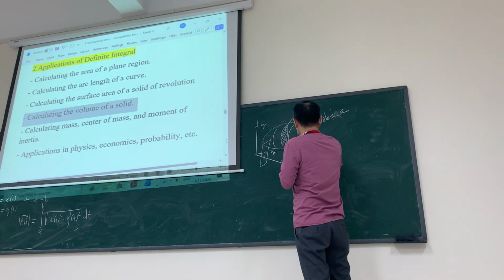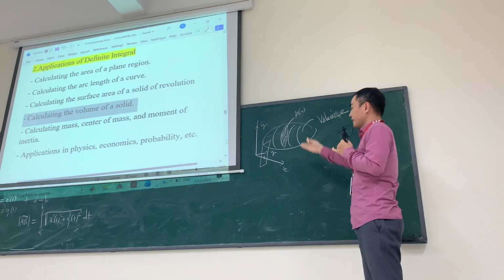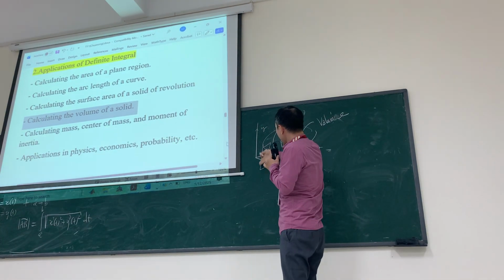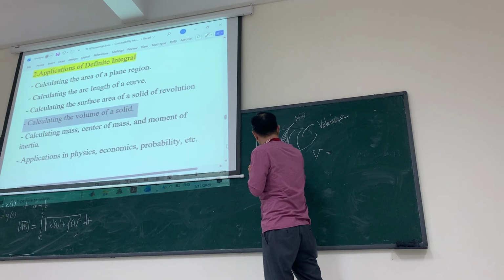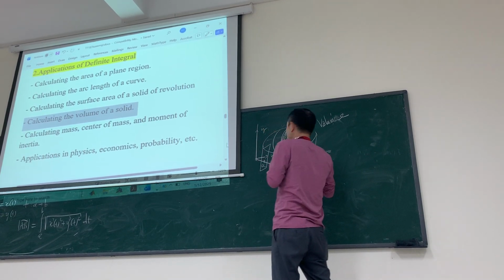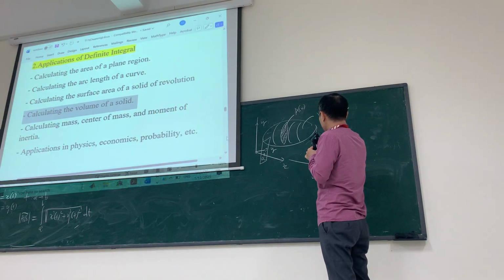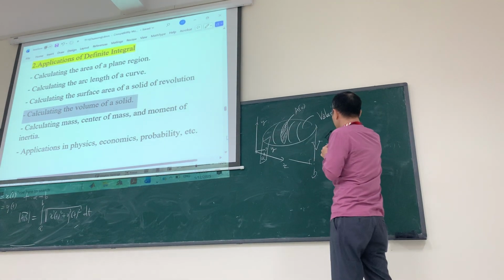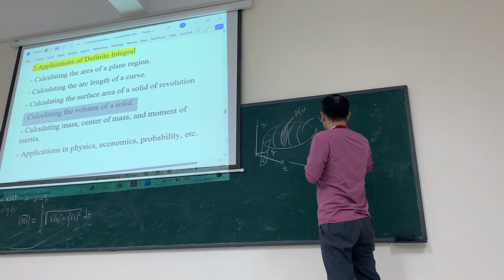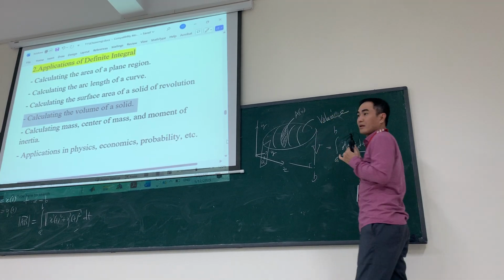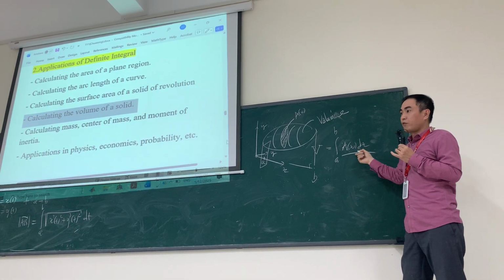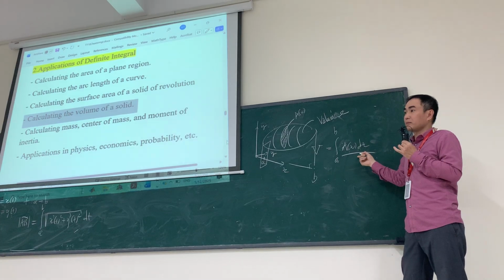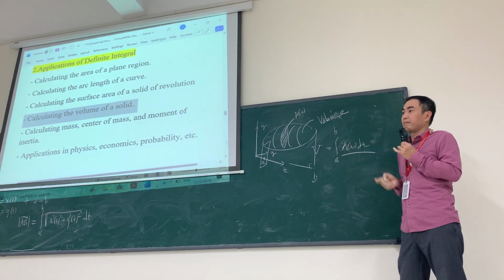We can construct the volume of the object: when we divide, for example, the x value from a to b, the volume is equal to the integral from a to b of A(x) dx. This is the formula for the volume of an object belonging to a plane.